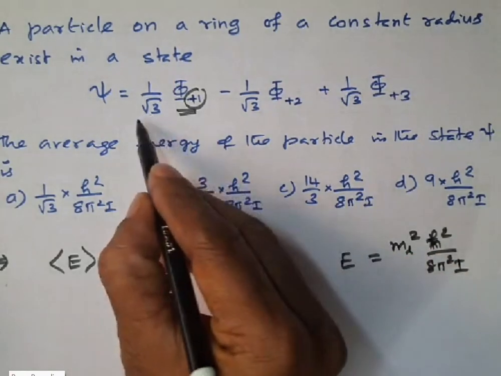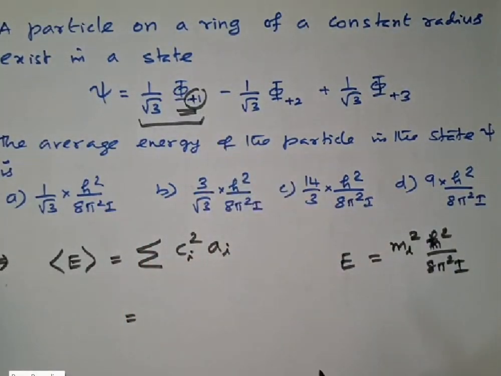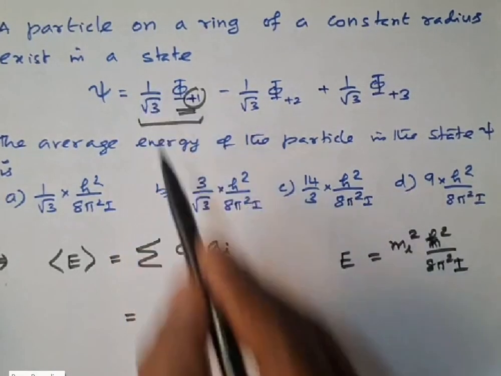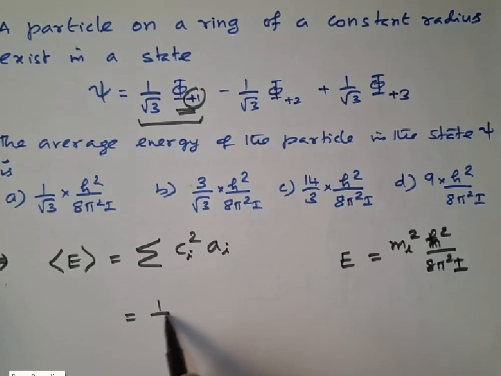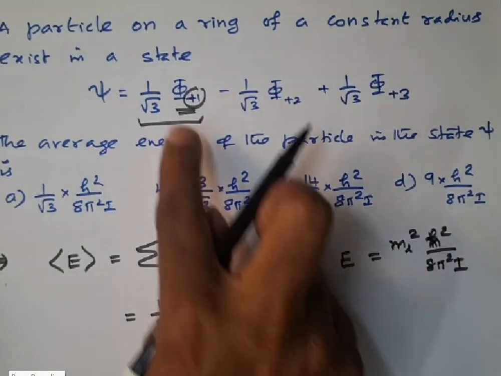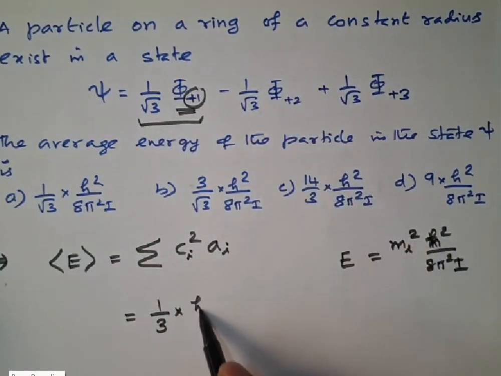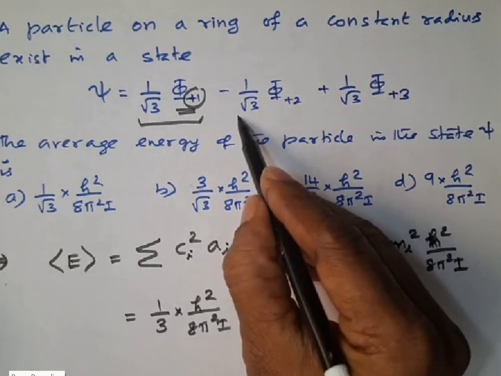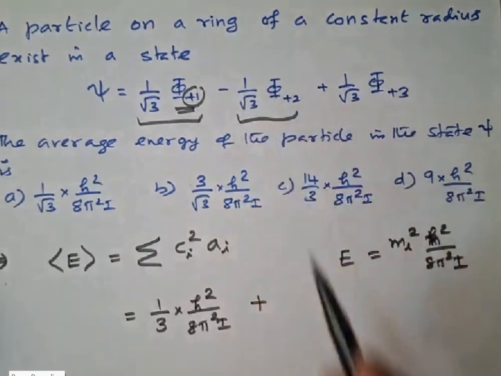So for the first function, the coefficient is 1 by root 3. Take the square of that, 1 by 3, into the energy eigenvalue for this state, h square by 8 pi square I. Then plus, I'll move on to the next one. Here the coefficient is minus 1 by root 3.